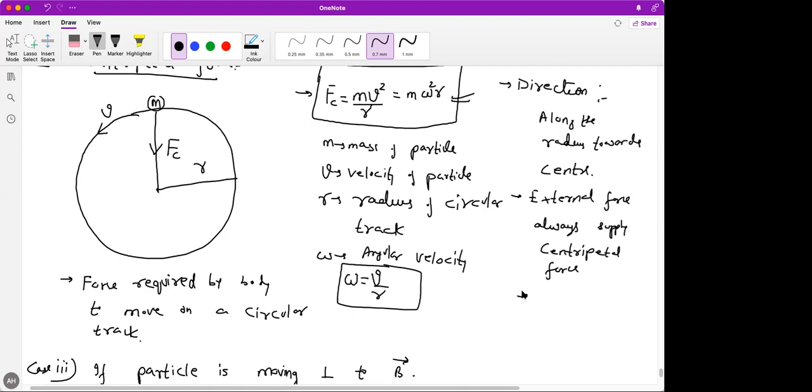We have various examples. One example is the motion of Earth around the sun. Earth needs a centripetal force, which is provided by the gravitational force between the sun and Earth.